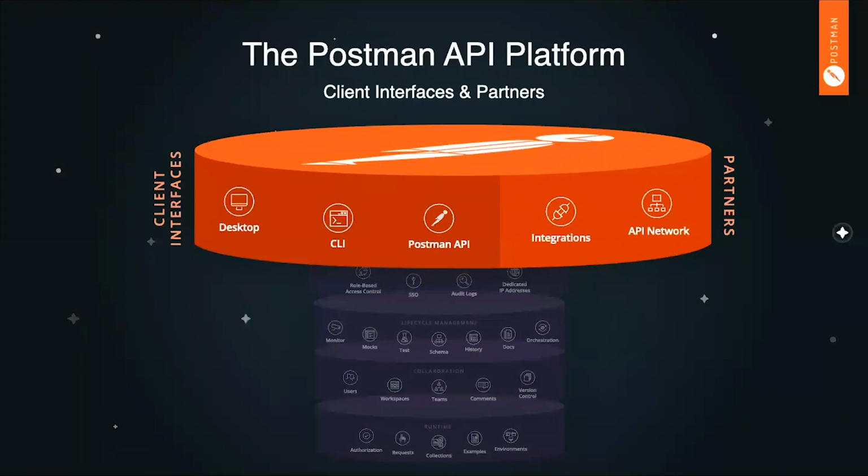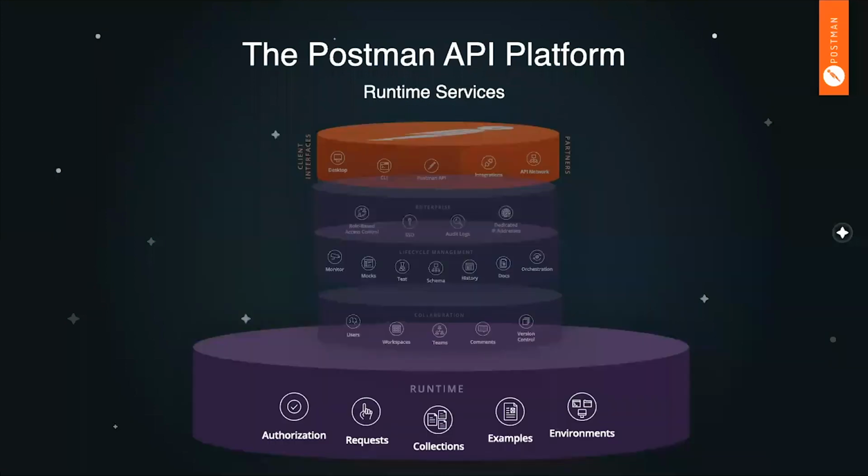So most of what you can do in Postman is also available via the Postman API, allowing you to more seamlessly integrate Postman into what's happening. And then we have a whole host of different integrations. And then, of course, if you haven't visited the API network, there's quite a few APIs that are available in the Postman network for people to take advantage of.